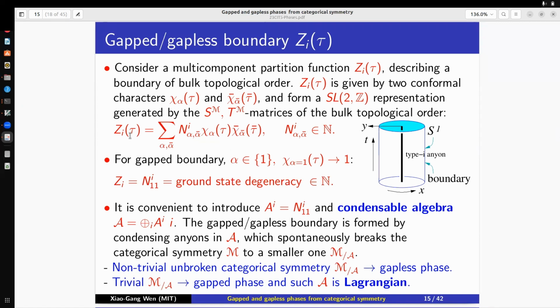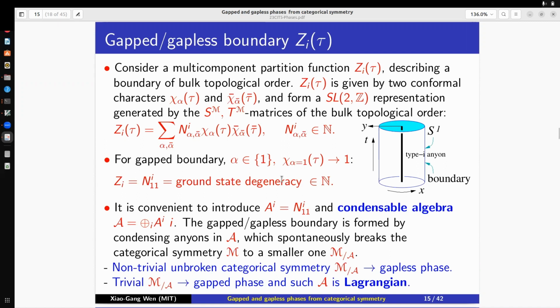And so this partition function just becomes n_i, since alpha bar is just equal to 1. So this kind of disappears. The partition function is just n_i, and we call n_i a_i for another reason. So it's just a vector. Because this is a polynomial with non-negative coefficients, this polynomial only has a constant term and no other terms.